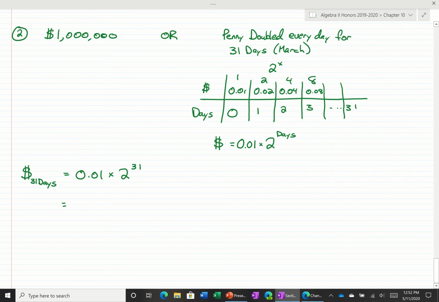So 0.01 times 2 to the 31st power is 21,474,836.48. So $21 million compared with $1 million. I would choose this option. That's the option that I would pick.